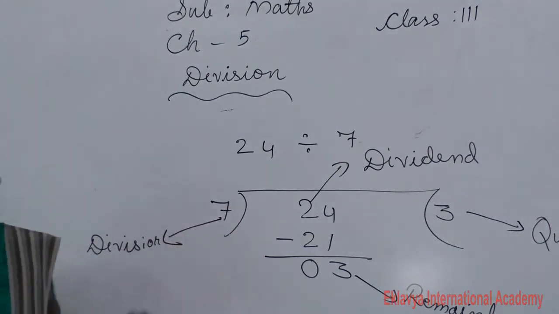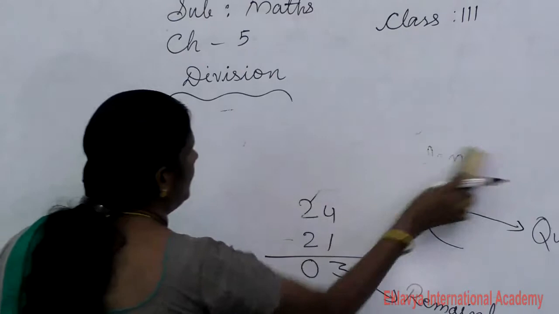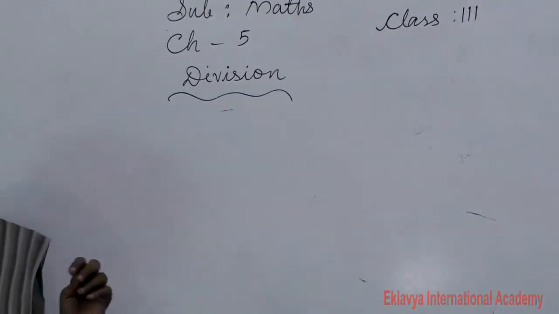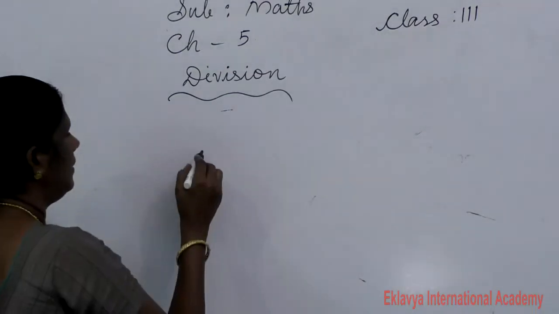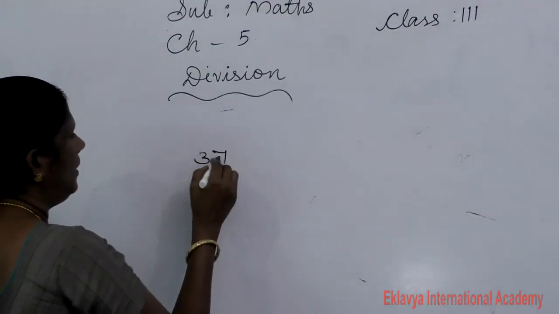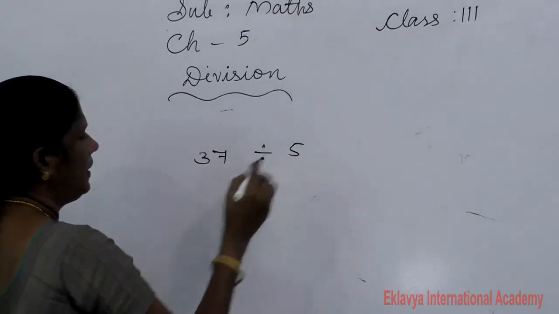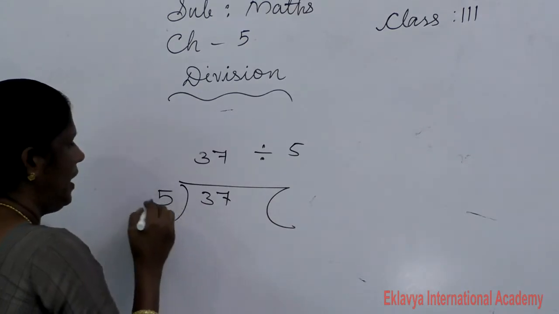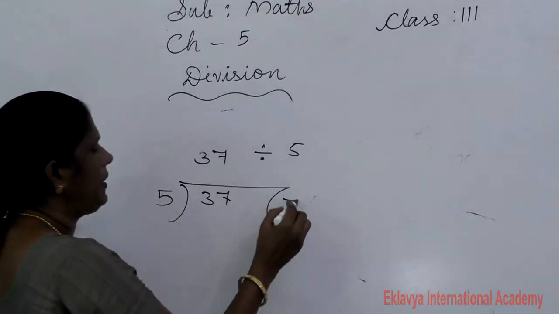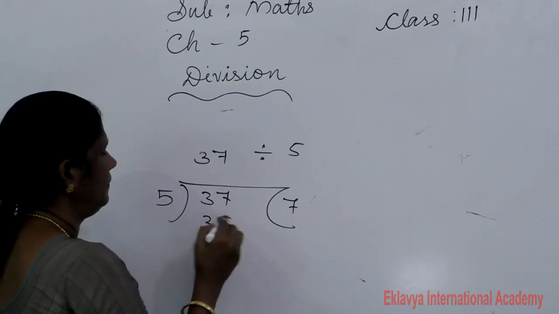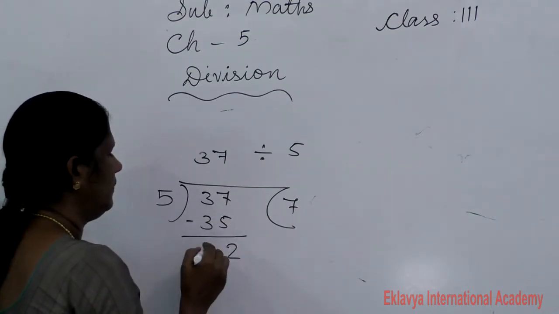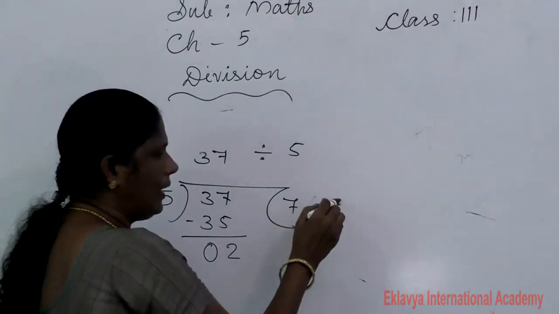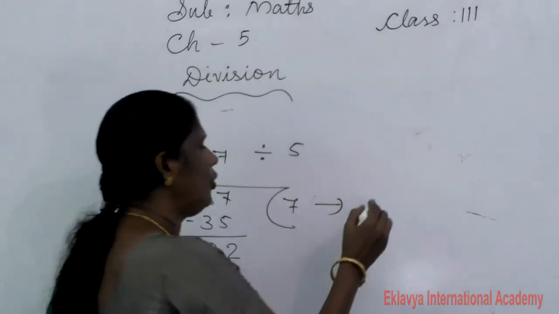One more question. 37 divided by 5. How many times gone? 7 times. Here 7 is our quotient.